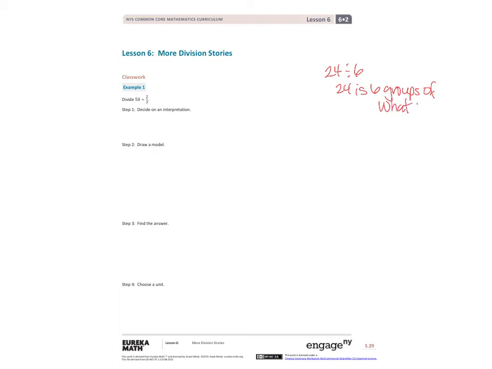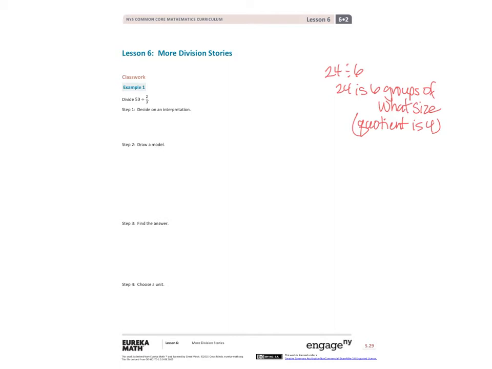Like how many? 24 is 6 groups of 4. So the quotient, or the answer to a division problem, is 4, and that tells me the size of each group. There are 6 groups of 4 in 24. And so we're continuing that partitive division.